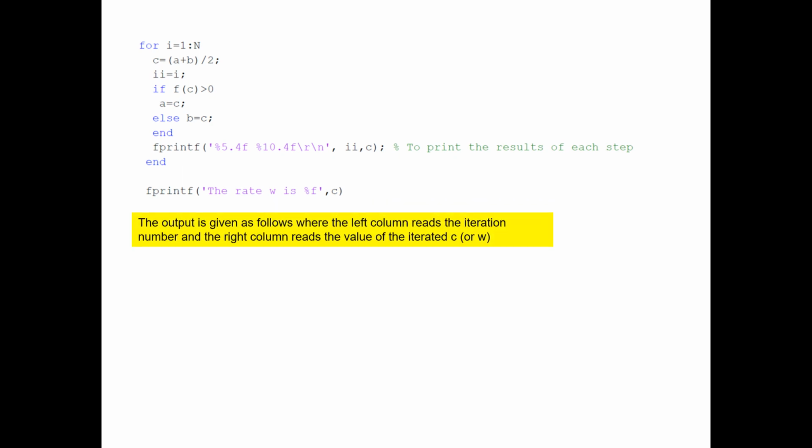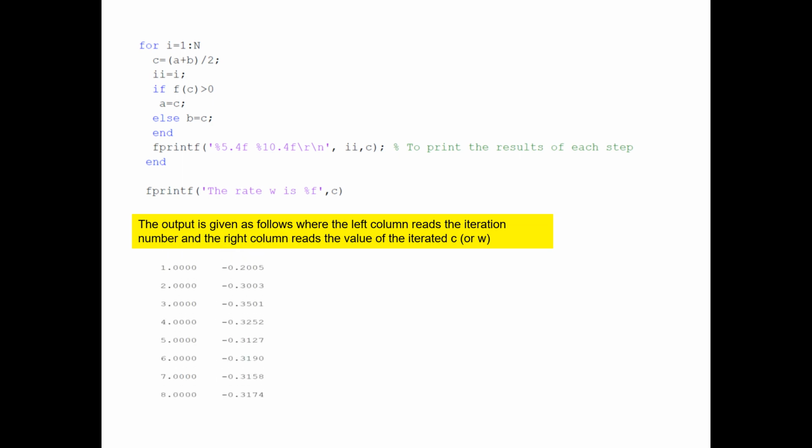Here, the output of the program will be divided into two columns, one column for the iteration number and one column for the value of c or w. Like this.